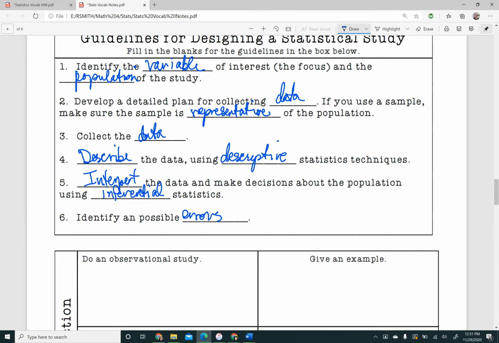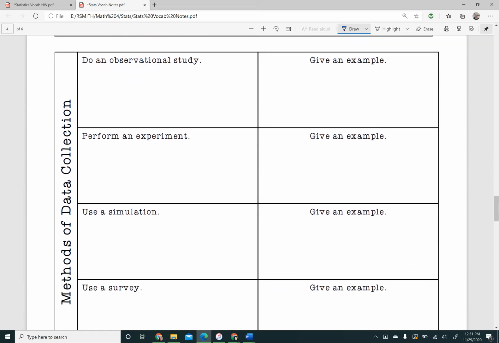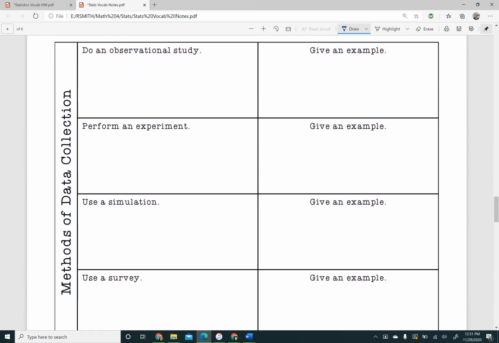Okay, so there are several methods of data collections. So we could do an observational study.